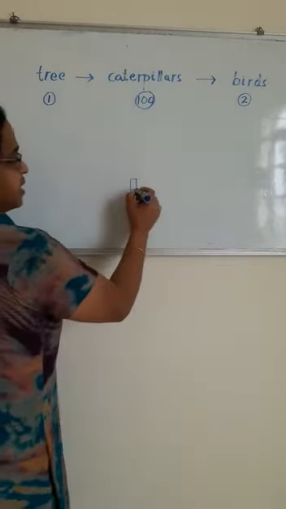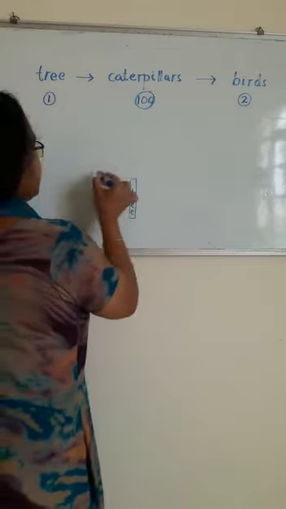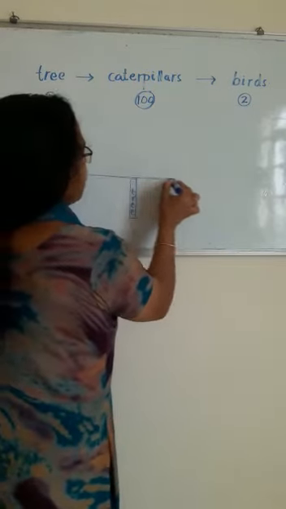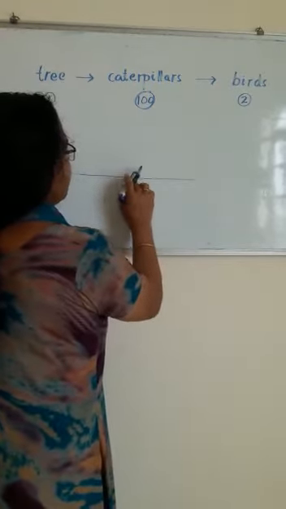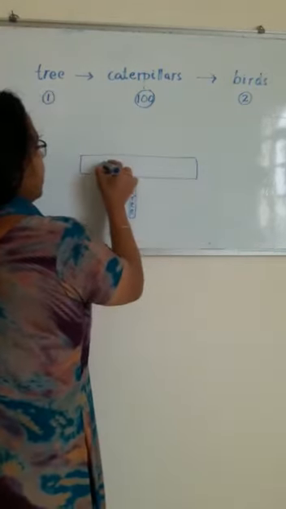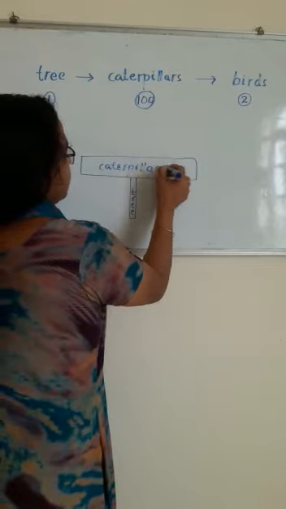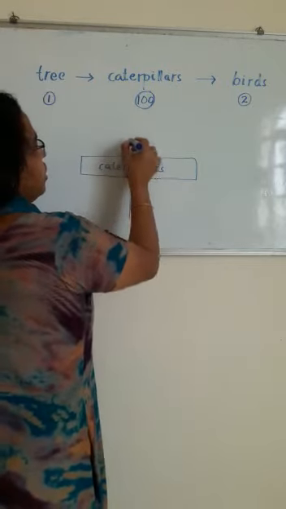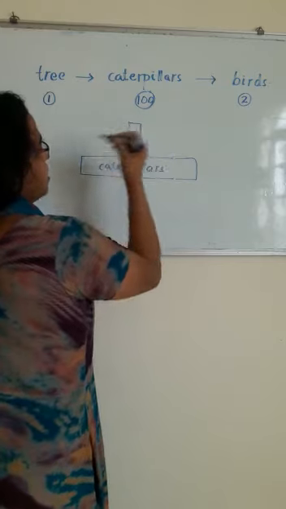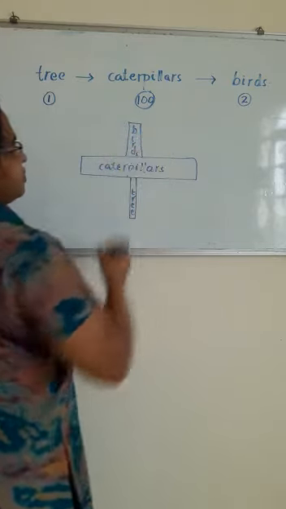So this is tree. And since the number of caterpillars is more than the number of trees, we can just put the caterpillars. And then there are only 2 birds, so we can just put birds.